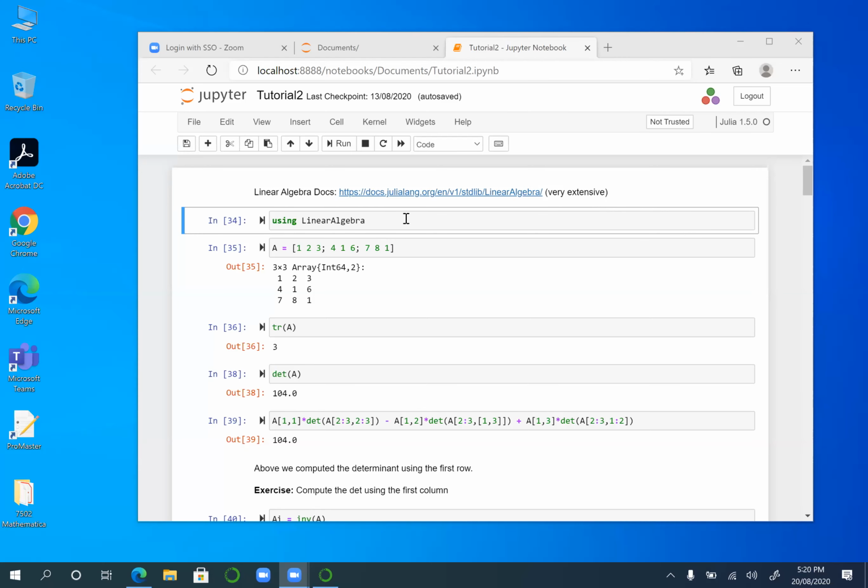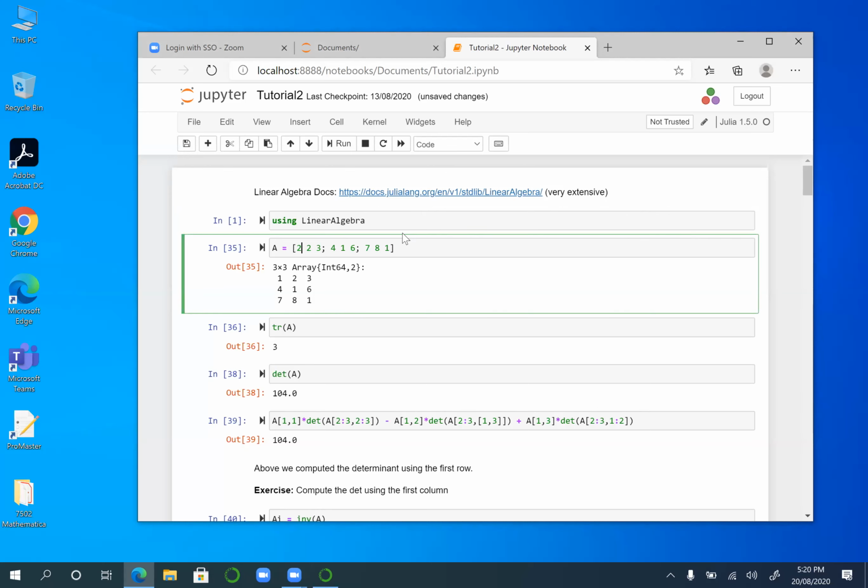Okay. All right, so what I'm going to do is just use old code that we considered, I think, in the first week to do this, all right? So I believe I would go using LinearAlgebra, so Shift-Enter there. And now I'm going to change this matrix to be 2, 2, 3, and then 4, 5, 6, and 7, 8, and 9. Okay, and I'll put that into memory.